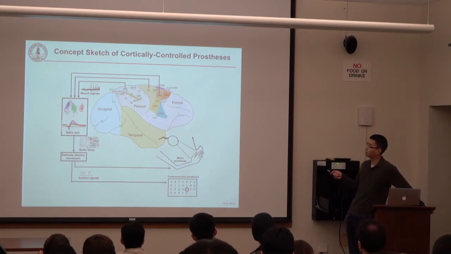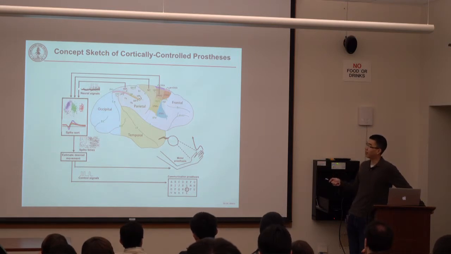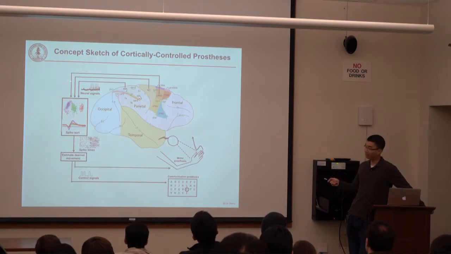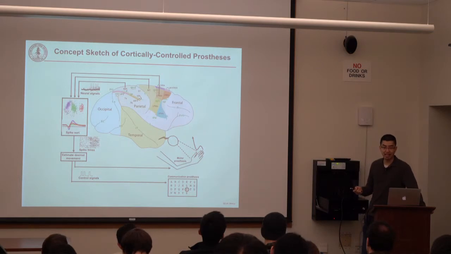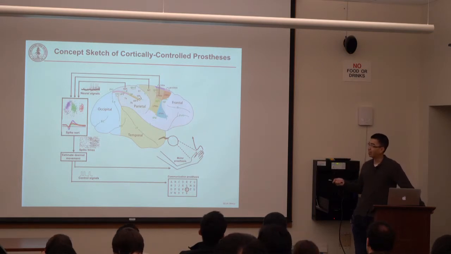What we'll do is stick our electrode arrays that Professor Shenoy talked about last lecture into these areas of the brain. From there, we'll get our raw voltage neural signals. We'll high-pass filter them and set a threshold so that we can record action potentials. And we might apply one of our spike sorting algorithms, for example the one based on PCA that Professor Shenoy mentioned, to detect the different neurons on each electrode.